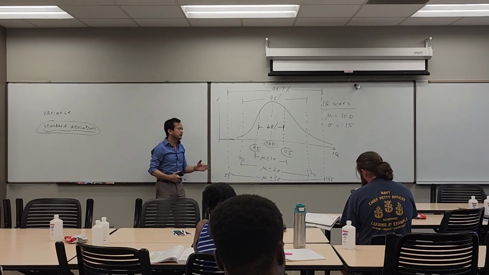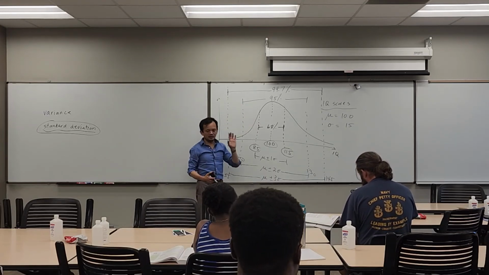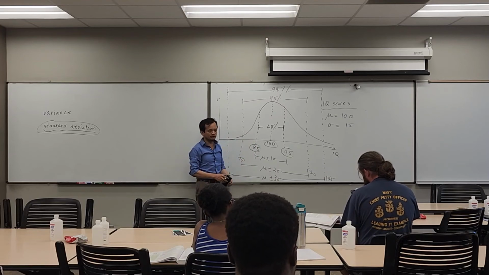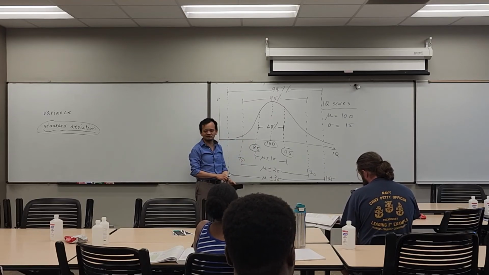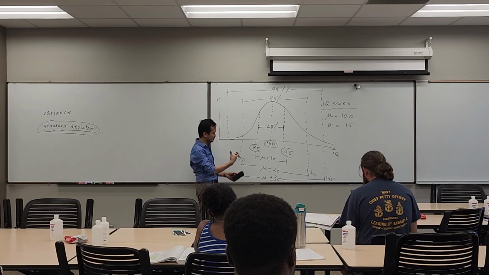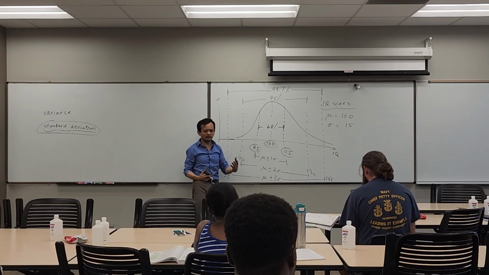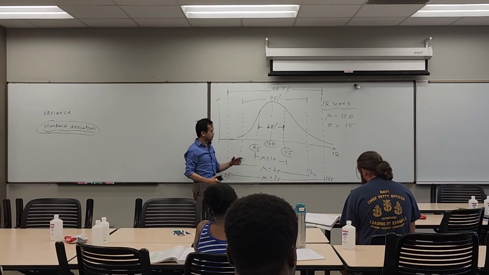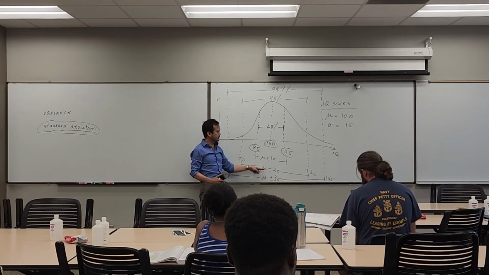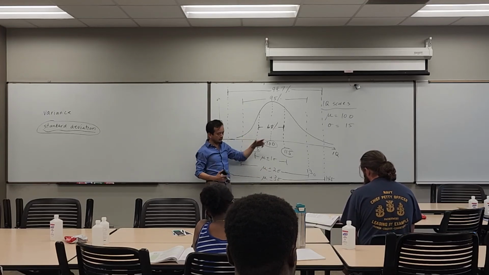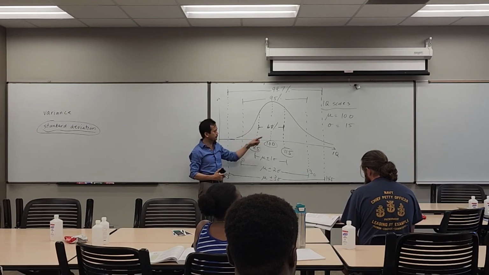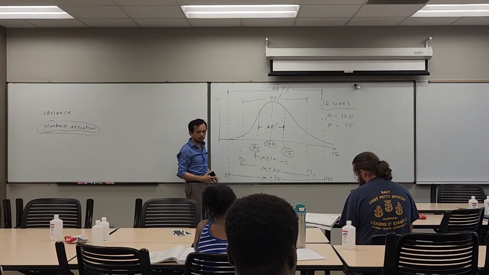We'll talk about the table later in the future, in excruciating detail. But for now, I just want you to appreciate that there's a relationship between the number of fixed standard deviations from the mean and a fixed percentage associated with that.